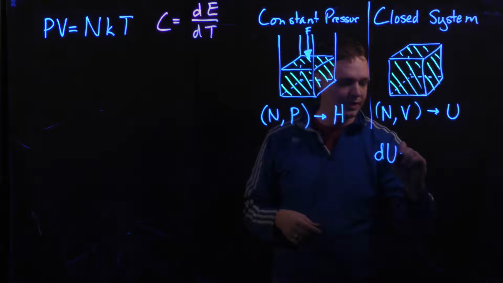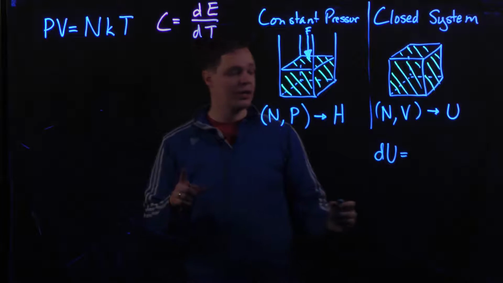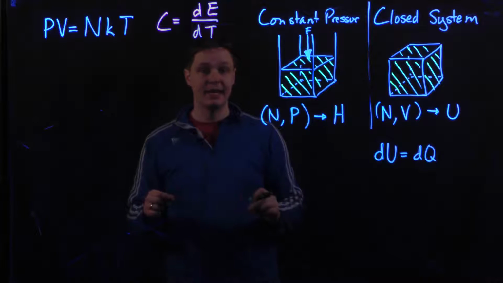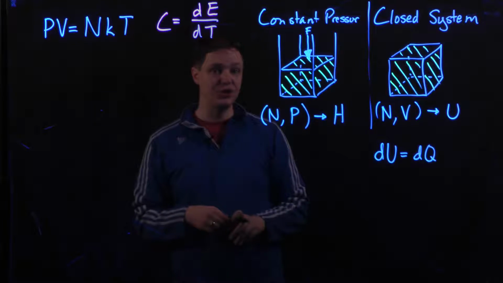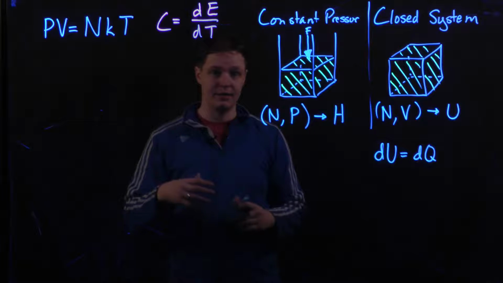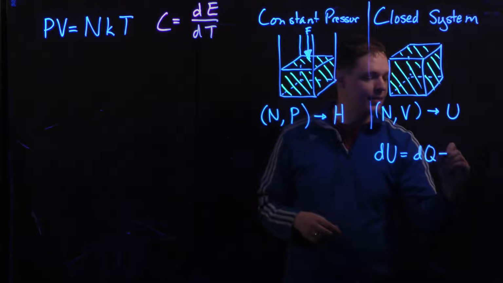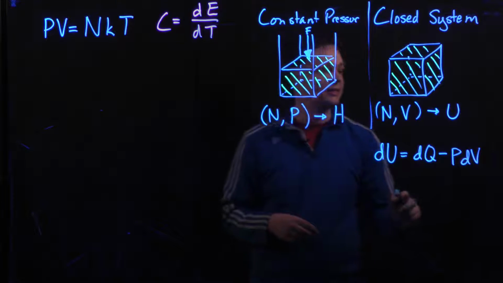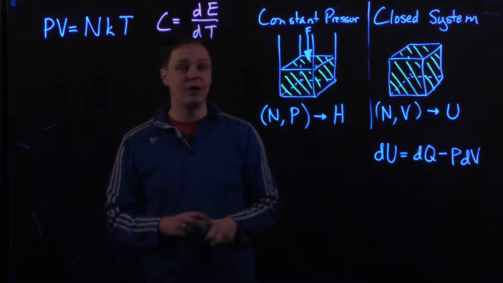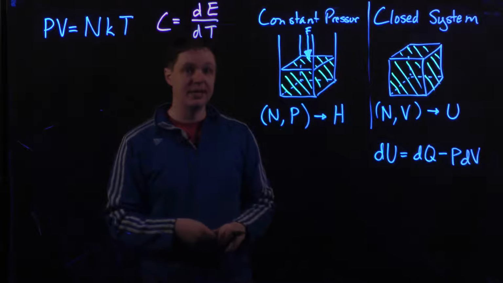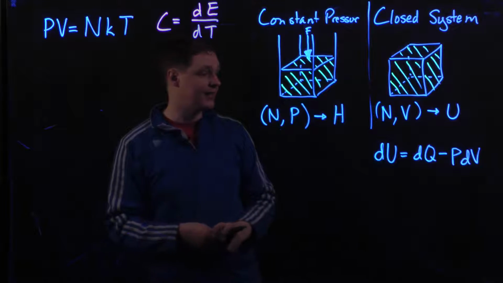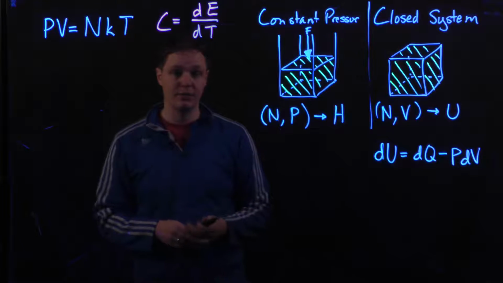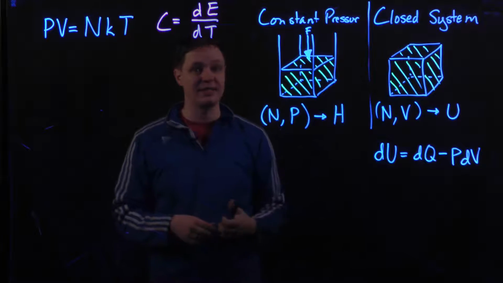It says that a change in energy will be some heat that I put into the system, given by dQ, where Q is our standard symbol for heat, minus any work done by the system. Remember that we control the volume here, so if we change the volume slightly, that will be work done by the system, and the amount of work it will do will be pressure times the change in volume, where pressure is some measured quantity in our system.